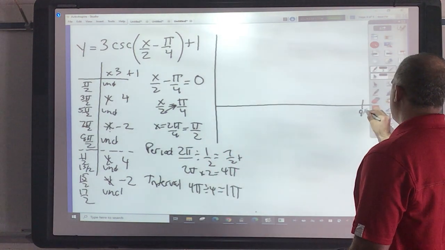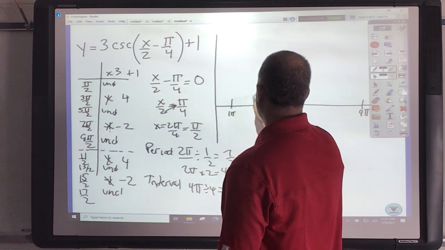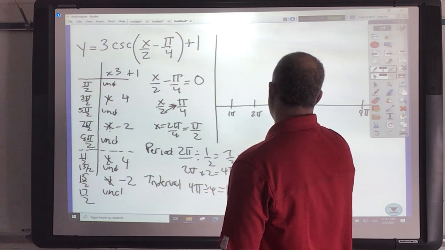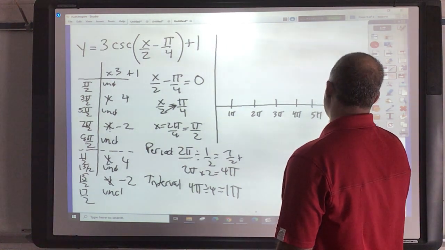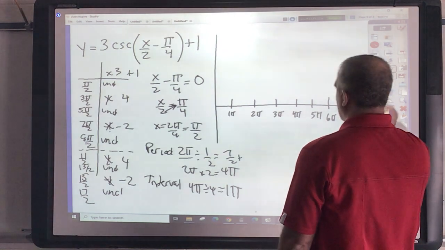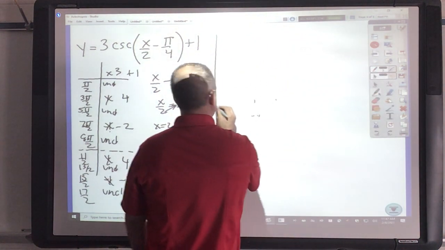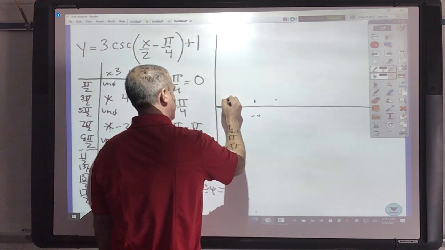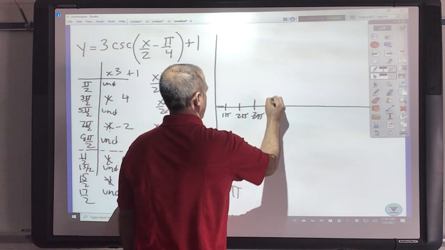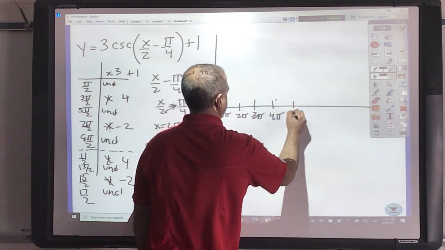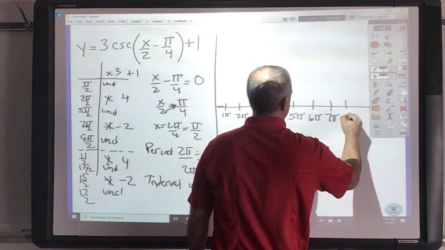Okay, so it might be 1, 2 pi, 3 pi, 4 pi, 5 pi, 6, 7. I didn't even draw that right. We gotta make that a lot smaller. Okay, so we're probably about here: 1 pi, 2, 3, 4, 5, 6, 7, 8, and 9.